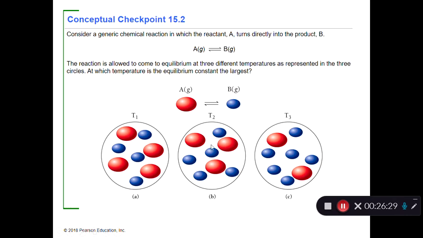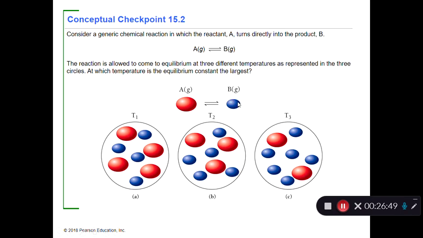Please compare these three temperatures and see which one is going to have largest equilibrium constant. To remind you, largest equilibrium constant means we are going to have more product, forward reaction.